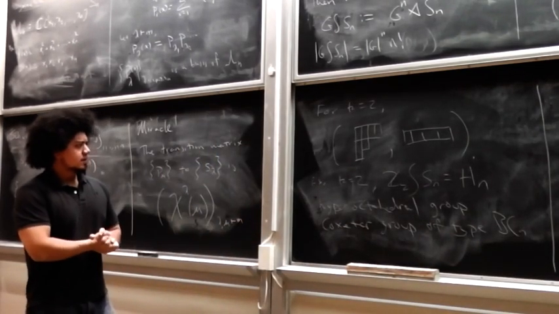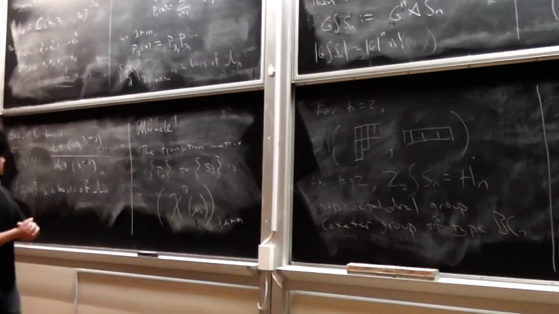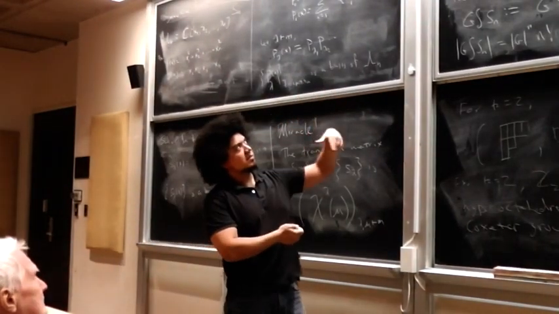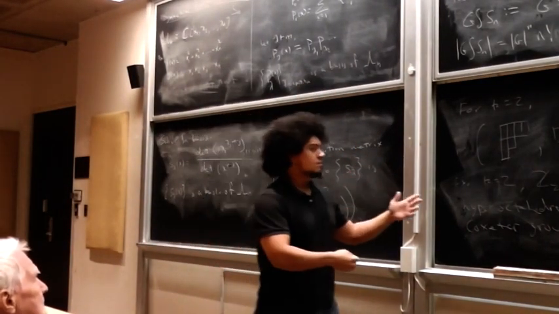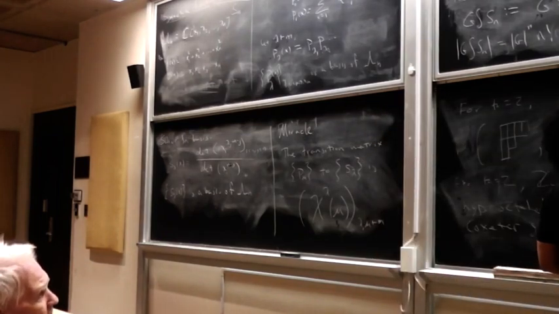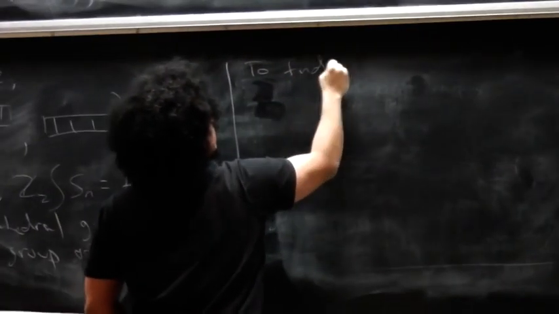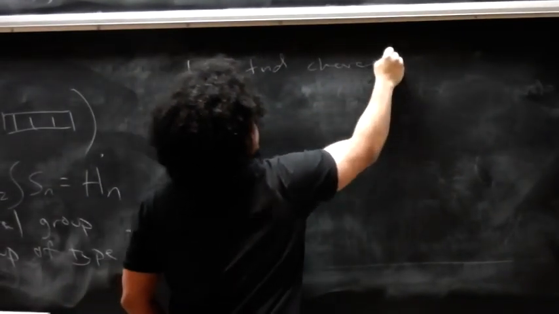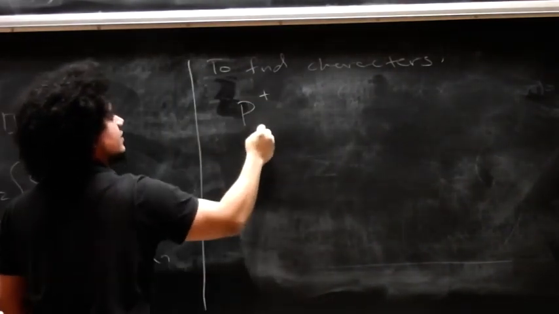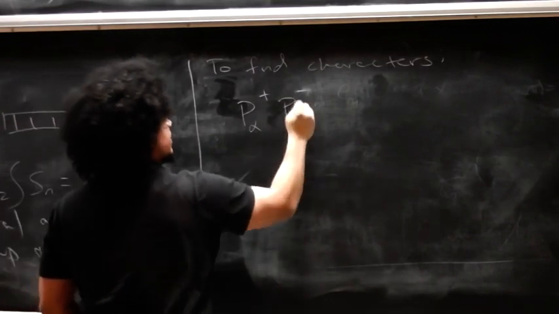Now, for the hyperoctahedral group, we also have an analogous formula, similar to what we have up there for the characters. I'll just write it down. I'll try not to explain it too much. To find the characters explicitly, we can again use symmetric functions.